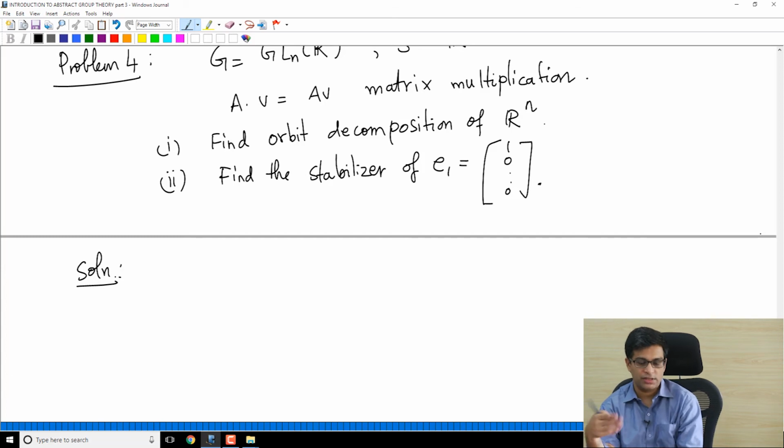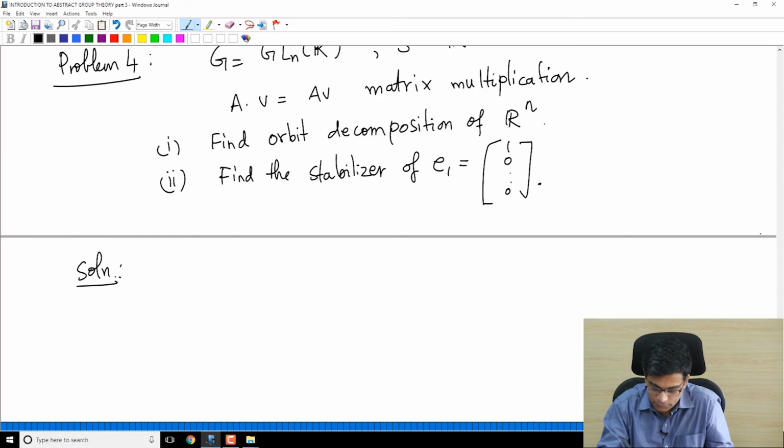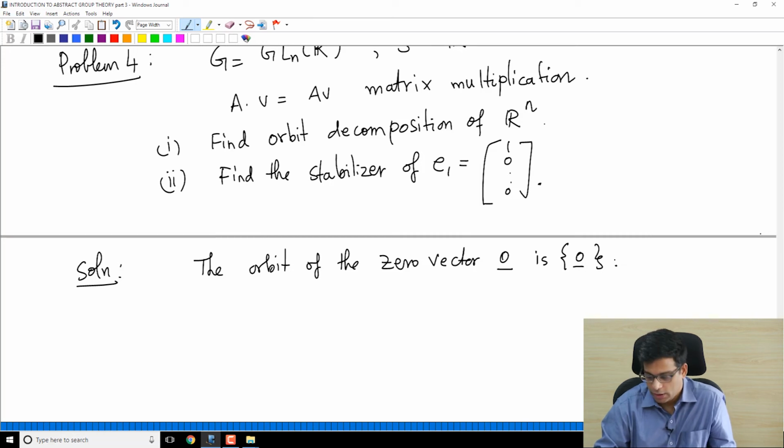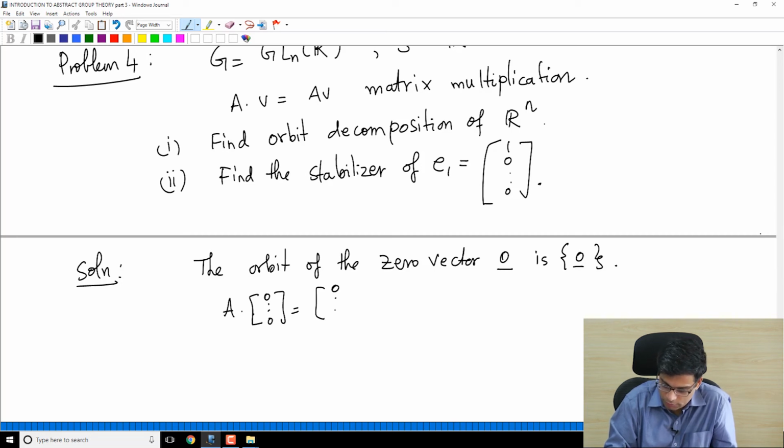Okay, let's solve this. Find the orbit decomposition. I have alluded to this when I did this example and did orbits, so let me quickly do this. First of all, if you take the 0 vector, the orbit of the 0 vector is just the 0 vector, right? Because any matrix times the 0 vector is the 0 vector.